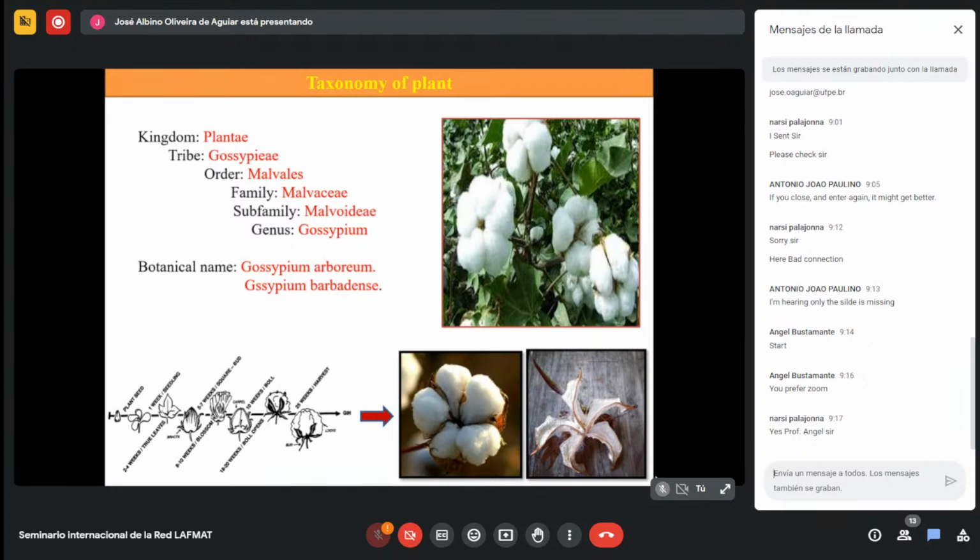That waste material is used for the synthesis of nanomaterials. Whether there are chemicals responsible, whether polyphenols are present or not, we are going to check in the cotton peels.